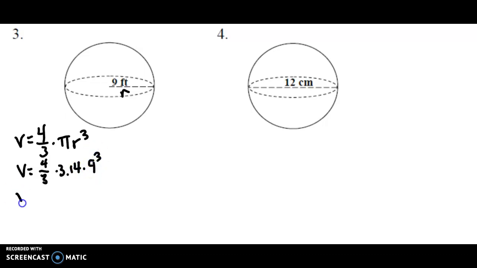And you're going to type this directly into your calculator, so go ahead and type in the fraction 4/3. Type in 3.14 times 9. Then go ahead and hit that key. Again, the key looks like this.